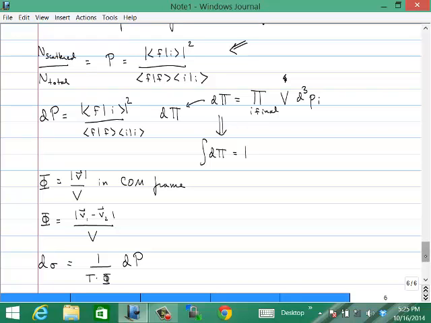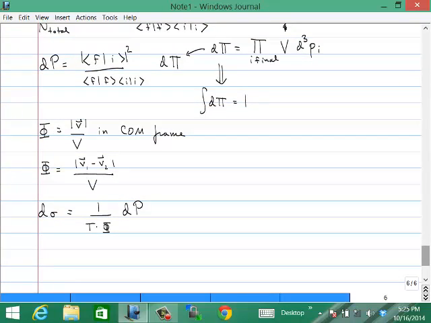Would you guys prefer that I do this at the beginning of class, or do you want to take 10 minutes to do it now and then move on to more interesting things next class? Maybe I should take my time and not rush through this. It's really about another page. So rather than rushing through this, I'll just pause here and finish the differential cross-section next class. Okay. Good.